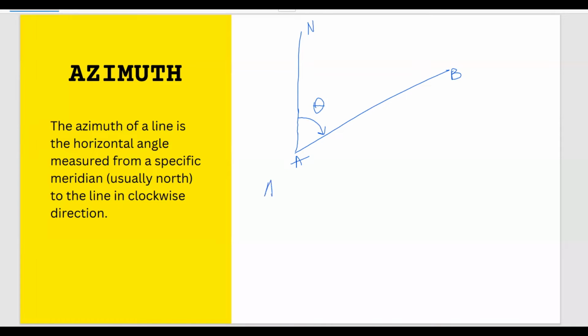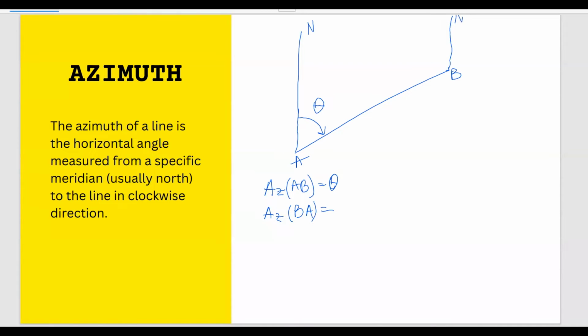So the azimuth of line AB is equal to theta. Pretty easy so far, right? And now let's see what is the azimuth of BA. So if I go here and I draw the meridian, north meridian, again, this is north.